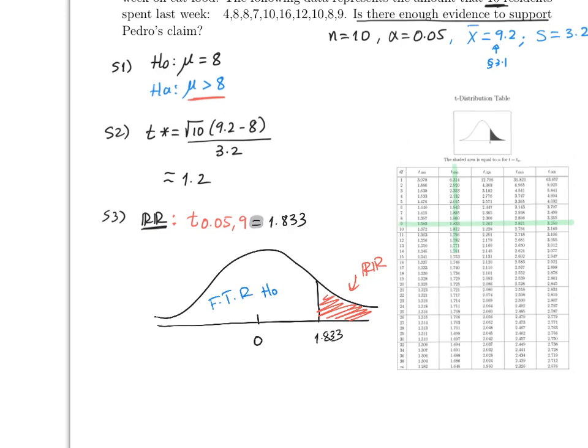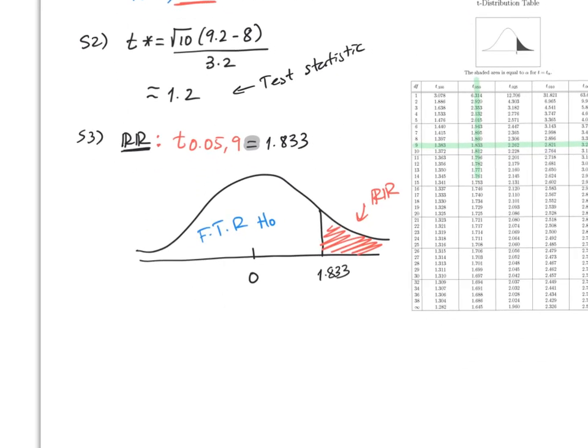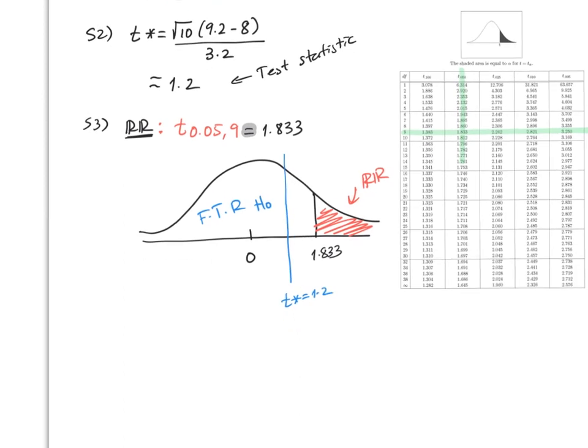And then we do exactly the same thing we did last time. The value for T star, which remember is called the test statistic. So then we do exactly what we did in all the previous examples. So the value for the T statistic or the test statistic or T star is somewhere here. T star is equal to 1.2, which is not in the rejection region.